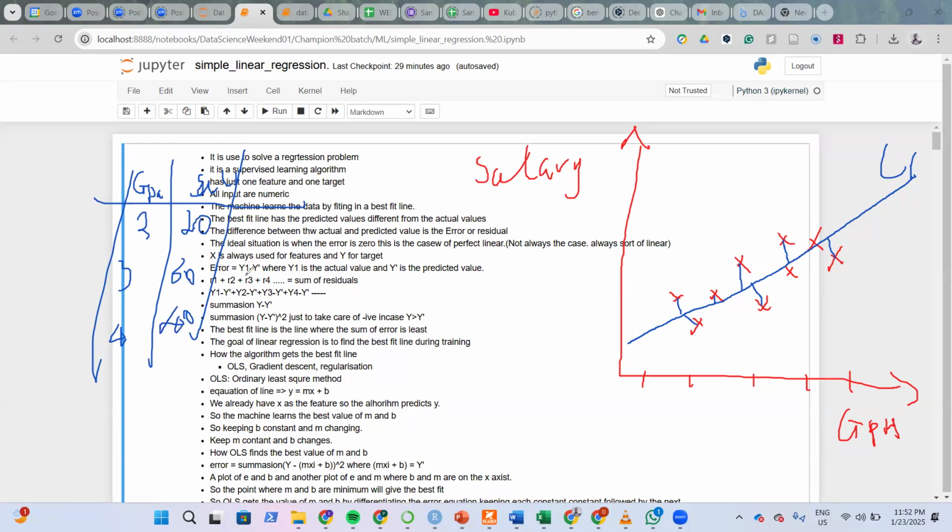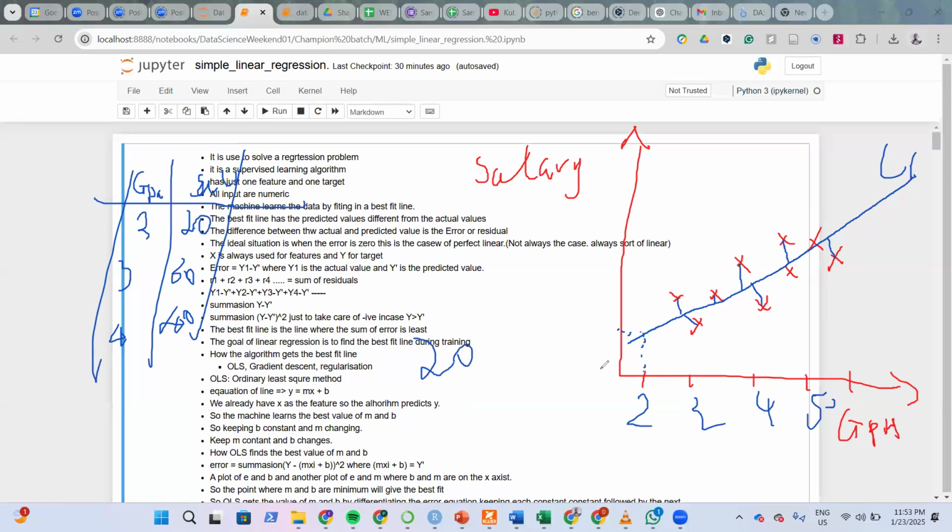Now, after drawing the line of best fit, if you take a GPA of 2 and extrapolate it to the line of best fit and take it back to the salary, you'll notice that the salary will not be exactly 20,000.